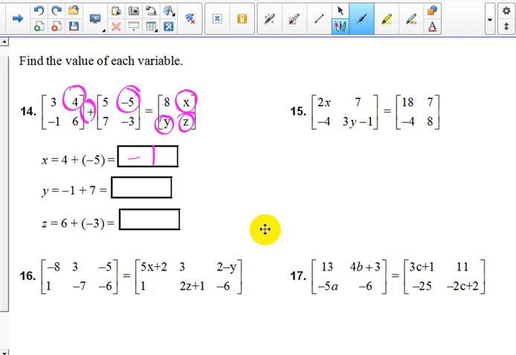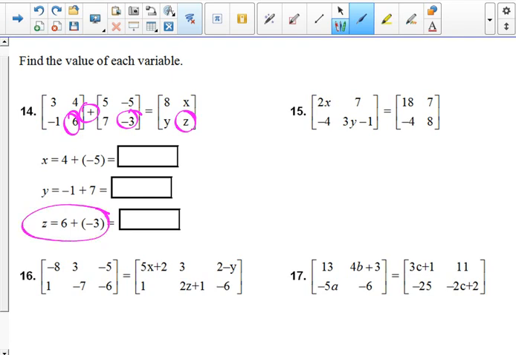So x is negative 1. For y, it's going to be negative 1 plus 7, which is 6. And for z, it's going to be 6 plus negative 3, which is 3. And that's how you do these.